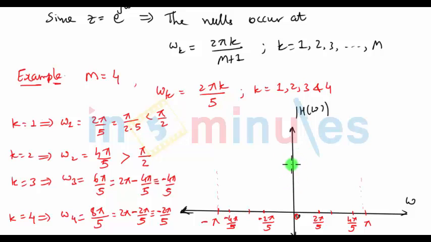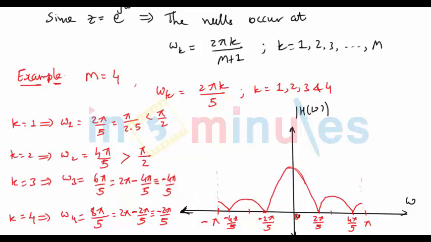First null occurs at 2 pi by 5, second occurs at 4 pi by 5, and then the magnitude spectrum will stop at pi. On the other side, first null occurs at minus 2 pi by 5, then at minus 4 pi by 5, and then the frequency response will stop at minus pi. So this is the frequency spectrum of the filter that we just now discussed.